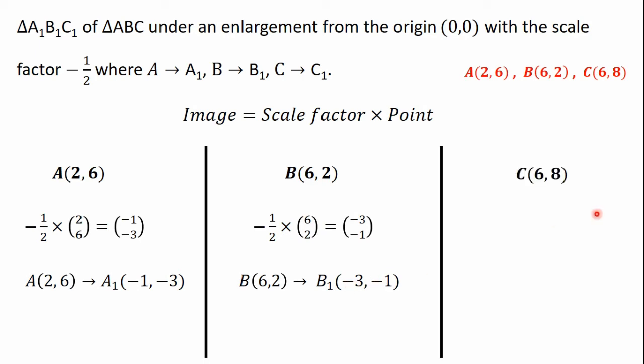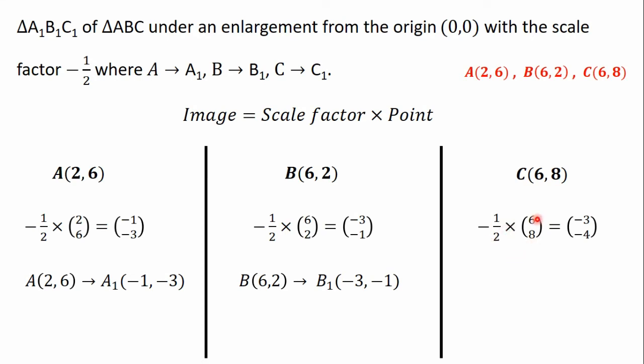And finally, point C has the coordinates 6, 8. To get the image of point C, which is C1, we will multiply the coordinates of point C by the scale factor, which is minus half. So we have minus half times 6, 8.